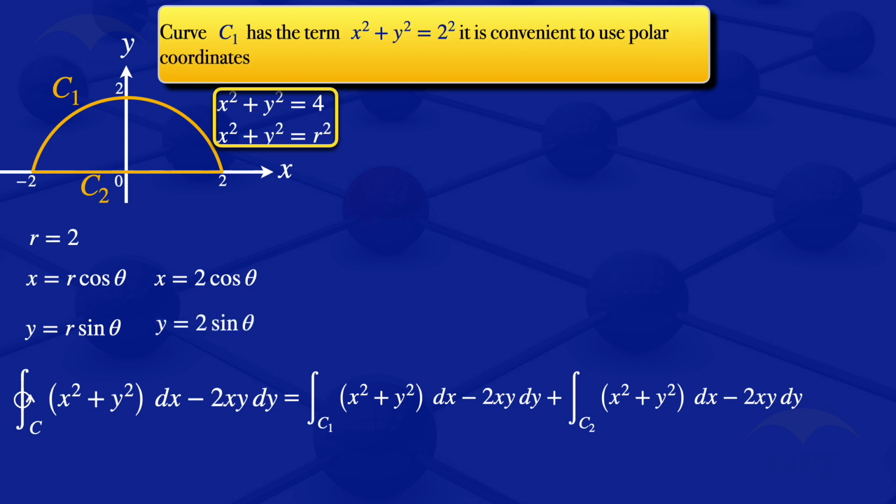We go on and differentiate x with respect to theta, and we get dx/d theta equals minus 2 sine theta. Then differentiating y with respect to theta, we get dy/d theta equals 2 cosine theta.